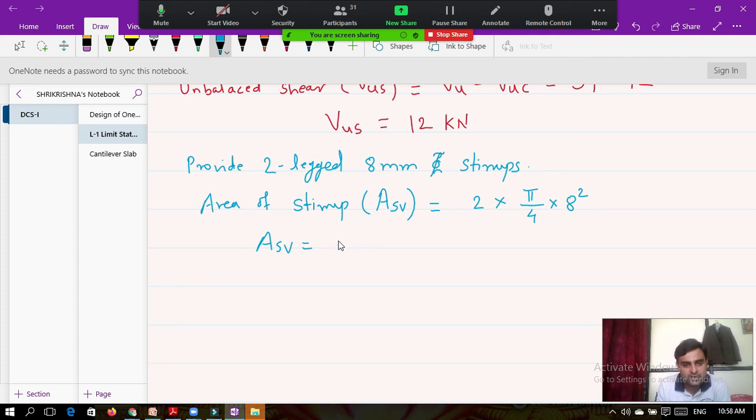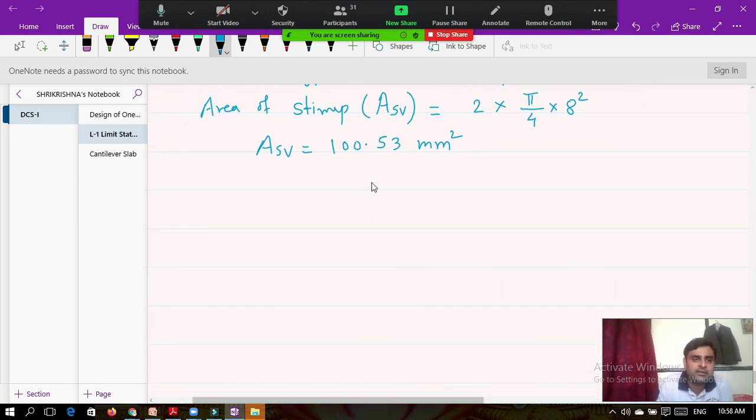Do the calculation. So it is 100.53 mm square. This is nothing but the area of the stirrup. Now calculate the spacing of the stirrup. So we will go to the next point, that is spacing.